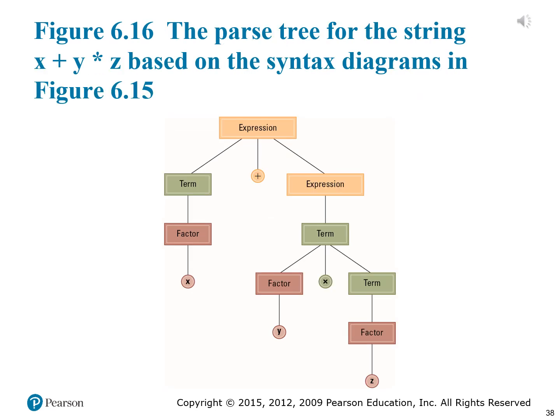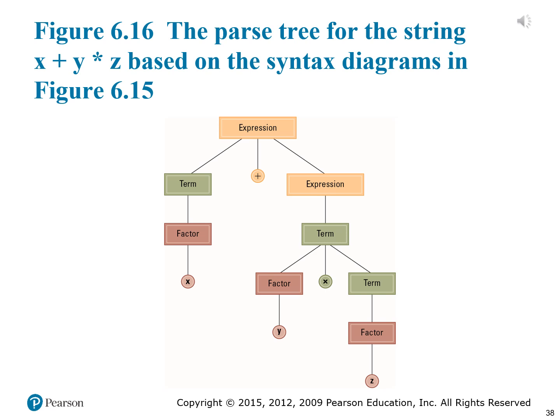The manner in which a particular string conforms to a set of syntax diagrams can be represented in pictorial form by a parse tree, as demonstrated in this figure, which presents a parse tree for the string x plus y times z based on the set of diagrams from the previous slide. Note that the tree starts at the top with the non-terminal expression, and at each level shows how the non-terminals at that level are decomposed until the symbols in the string itself are obtained.